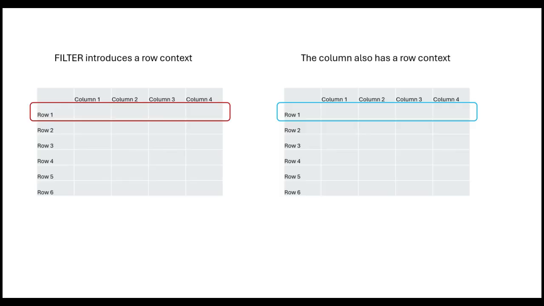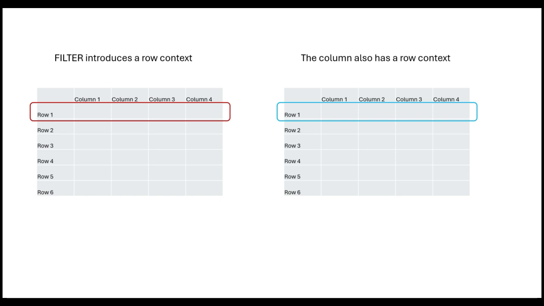On this page, you can see two table examples. On the left-hand side, I've used the FILTER function, and when I use FILTER, by default it introduces a row context. FILTER takes in a table as an argument, and then it iterates over that table, and for each row, it creates a row context within the FILTER function itself.